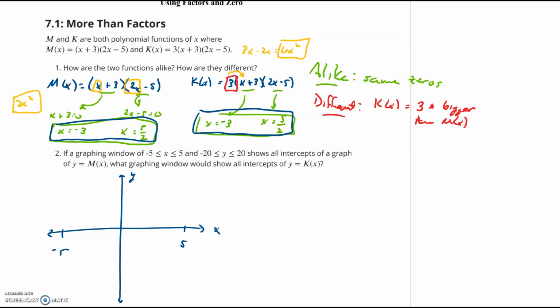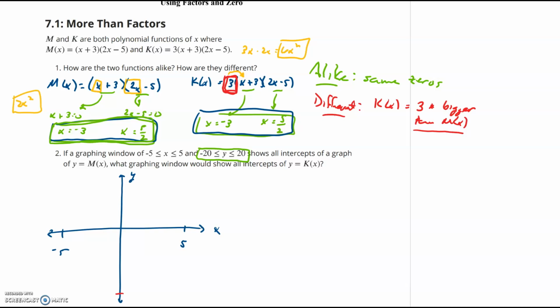Notice in this first function, we know that if I go up and down 20, I will fit everything that I need to see. However, in this second function, we multiplied the function by 3, and we said everything was going to be 3 times bigger. So that would mean that instead of going down 20, I would have to go down 3 times farther.